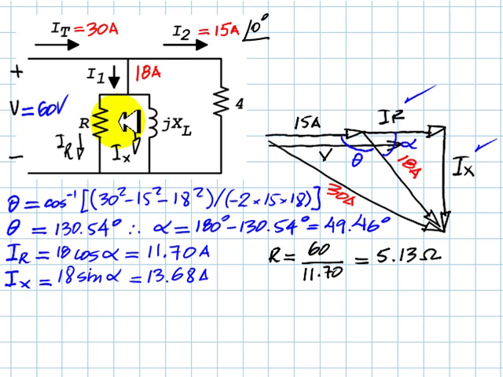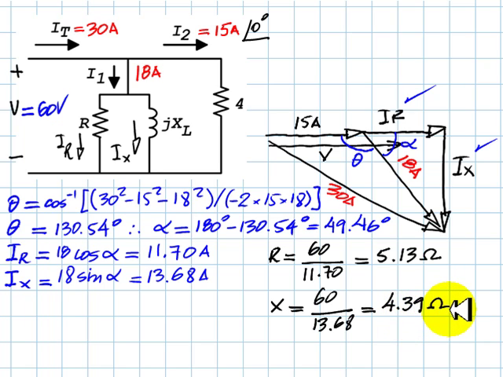Let's find the reactance XL. That reactance is just 60 volts divided by the magnitude of the current through that reactor, which we found is 13.68 amps, giving 4.39 ohms.